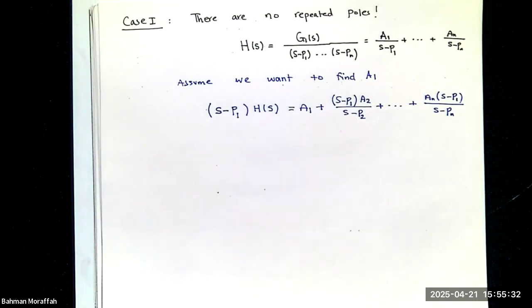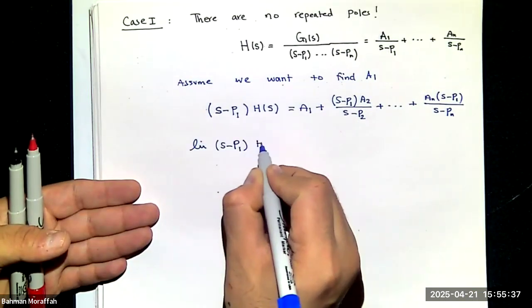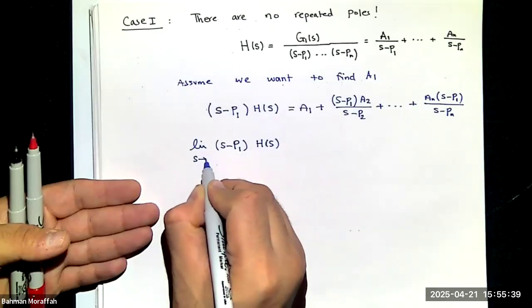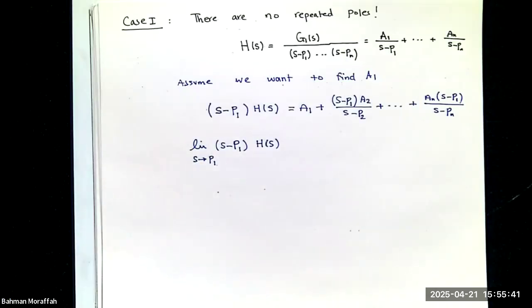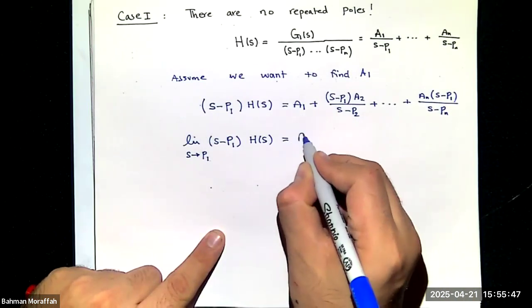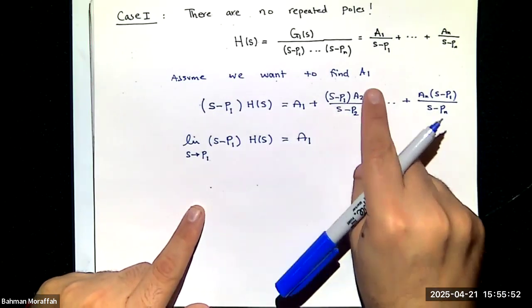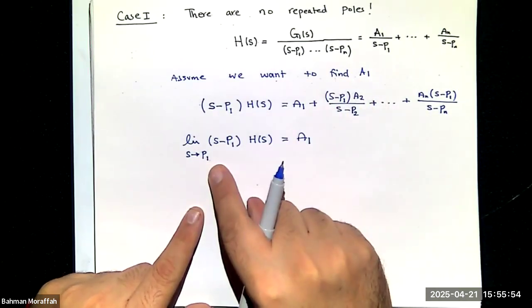What happens if I look at the limit of (s minus p1) times H(s) when s approaches p1? What happens to this side? A1 is a number, so it stays there. What is the limit of the second term when s approaches p1?